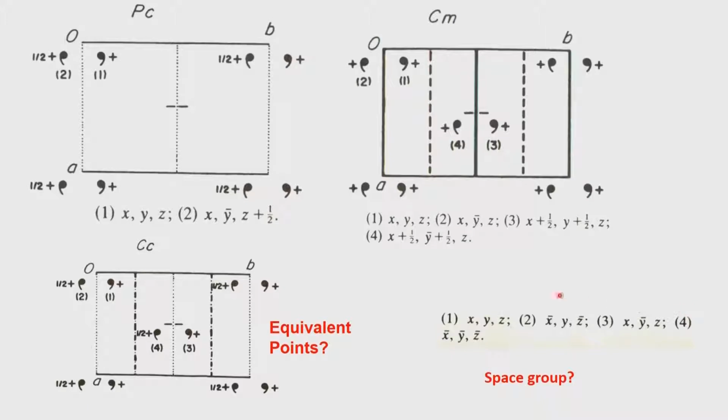So, the next example we can take up is: given the equivalent points as given here, you will be asked to determine the space group. If one asks that question, in this particular case it is a very simple example. In principle, you should be able to identify the space group. You see here point 1 and point 2, they are related by what? They are related by a two-fold axis perpendicular to the y direction. So, you have a two-fold symmetry, and you also do not have any half plus x half plus y, or half plus y half plus z, or for that matter half plus x half plus z.